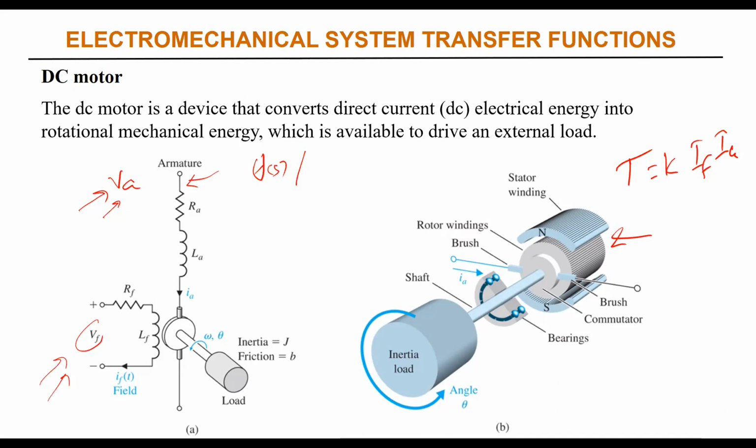The torque will be proportional to what? The intensity of the magnetic field, which depends on the current which you are putting in here. If there is any formula, I will give you the formula. You don't have to memorize.